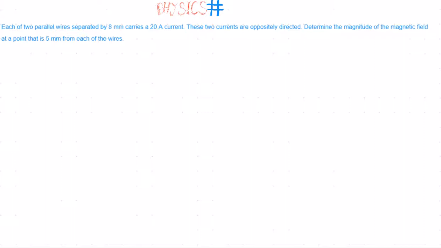So let's get started. Roughly, the surface of this page where I'm going to work, my workspace, is going to be exactly 90 degrees with those current carrying conductors.